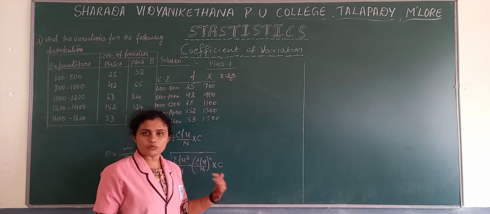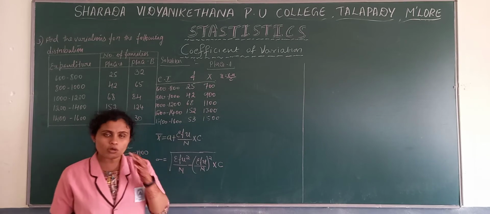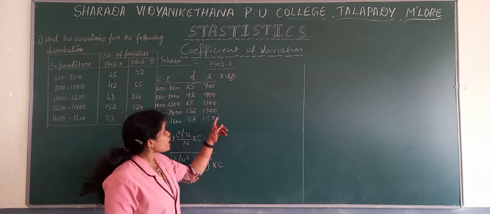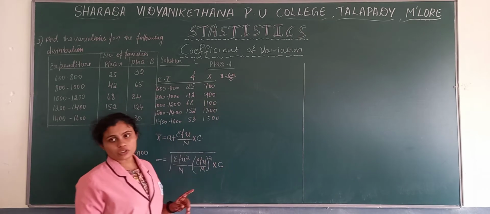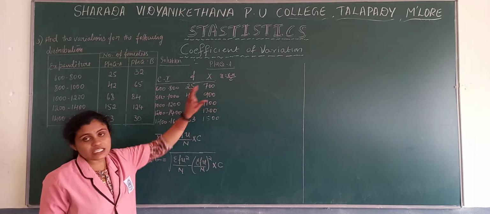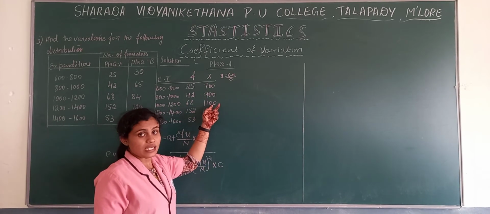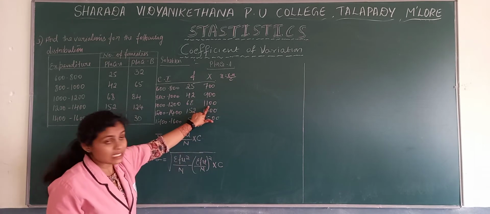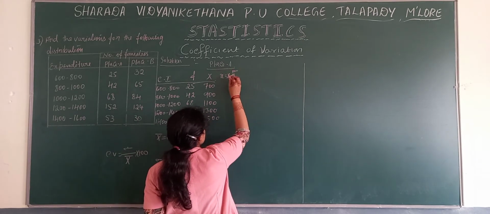If we take mid value we get very small values. If you take the first value, the least value as A, it is also okay, but we will get bigger values than when we take the mid value. So here we take A as 1100.